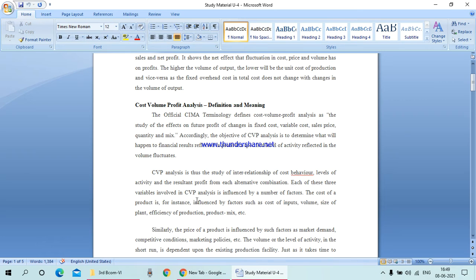Each of these 3 variables involved in cost volume profit analysis is influenced by a number of factors.